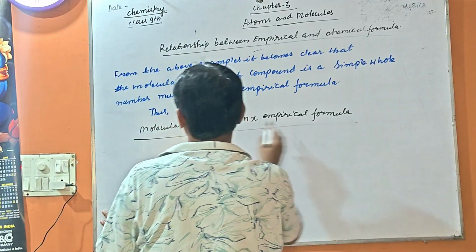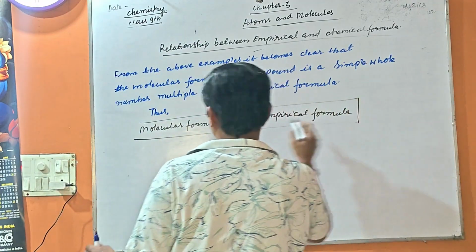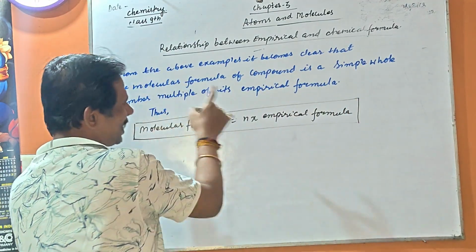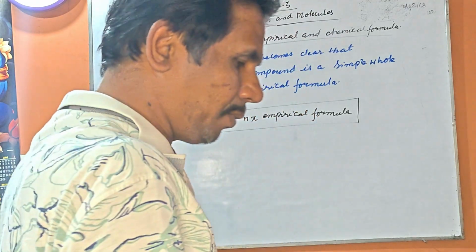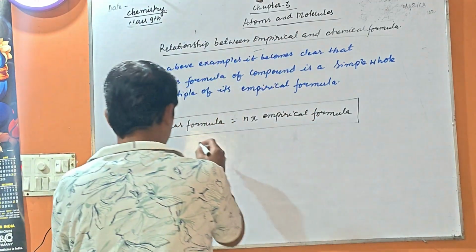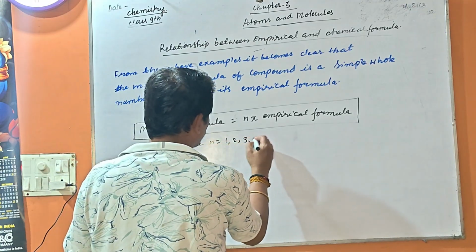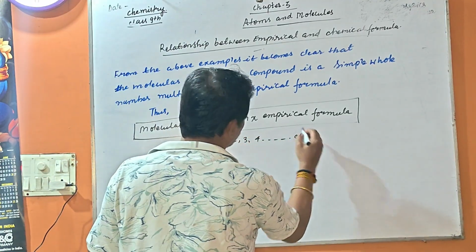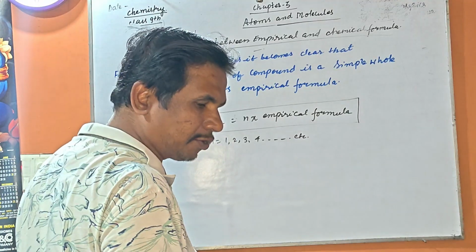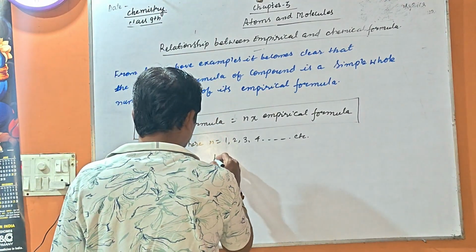This is the relationship, where N is equal to 1, 2, 3, etc. The next topic is how to write a formula.